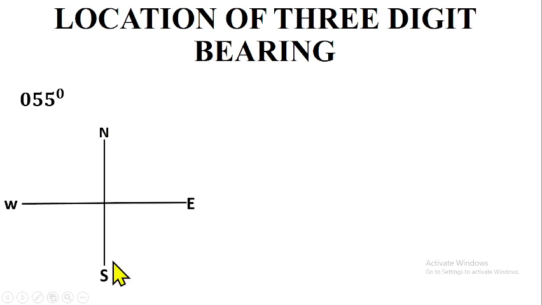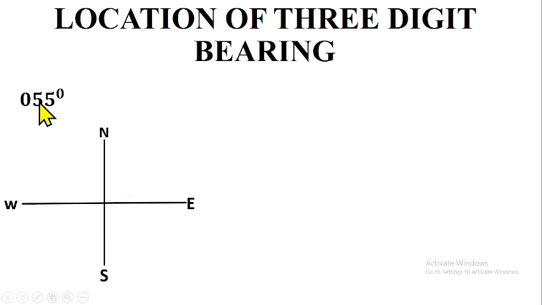That means from north to south is 180 degrees. Then from north to west is 270, and from north back to north is 360 degrees. So 90 plus 90 gives us 180, plus 90 gives us 270, plus 90 gives us 360 degrees.